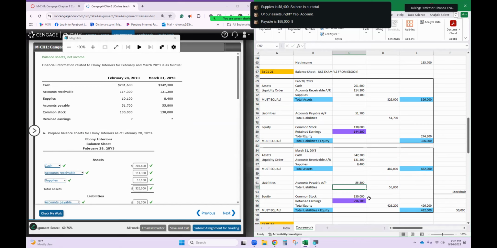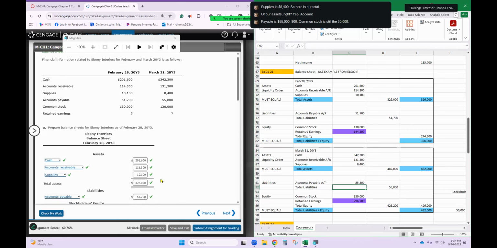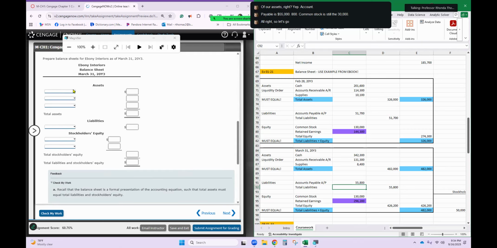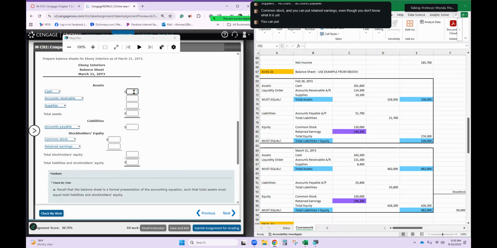Common stock is still the 130,000. All right, so let's go ahead and put this stuff in. Cash, accounts receivable, supplies, accounts payable, common stock, and you can put retained earnings even though you don't know what it is yet. You can put the label in for a placeholder.